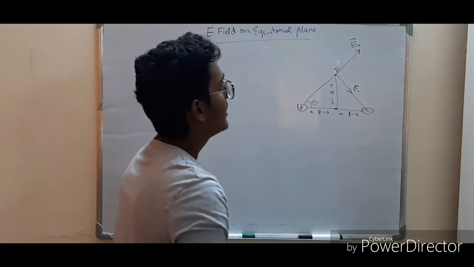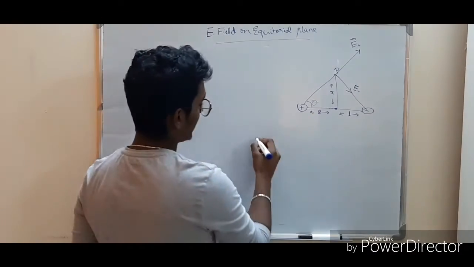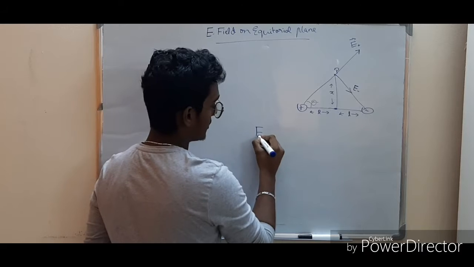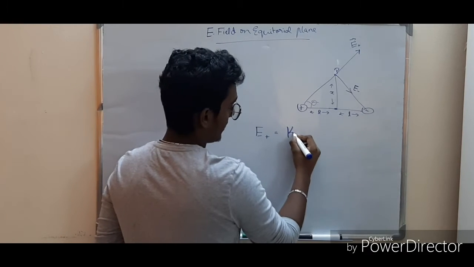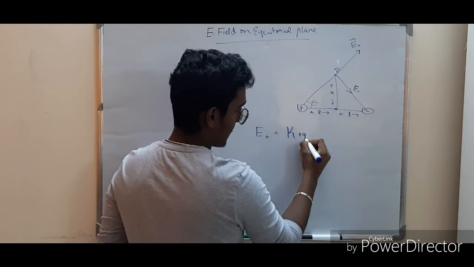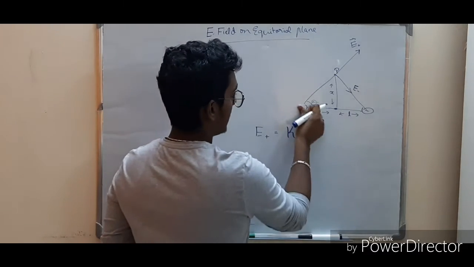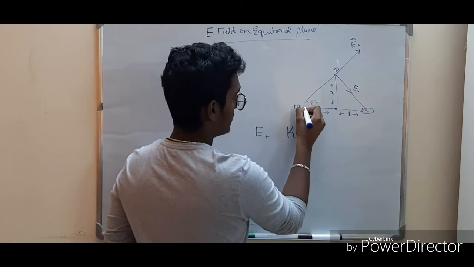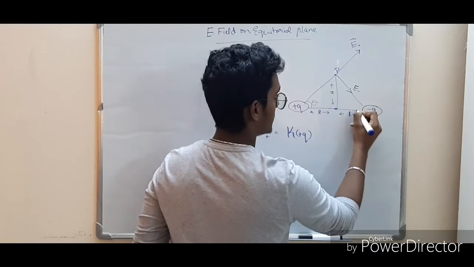So let's proceed. Let's individually find out the electric field's magnitude. The electric field's magnitude due to the positive charge is K multiplied by plus Q, and minus Q. These are the two charges.